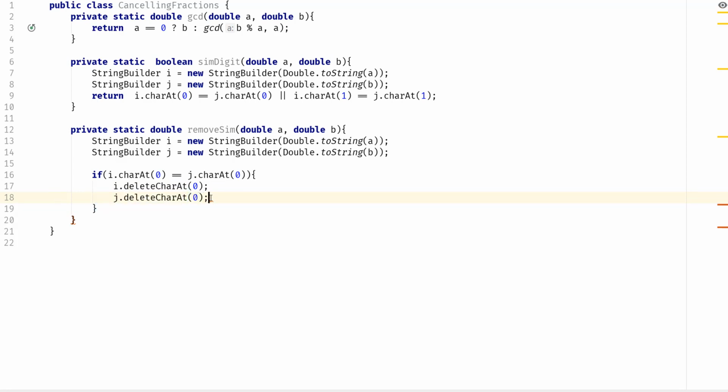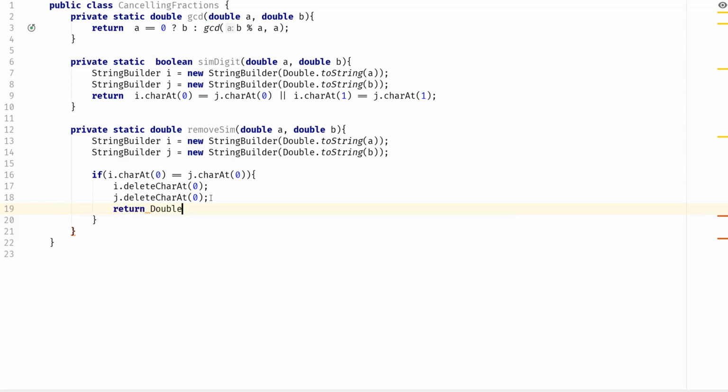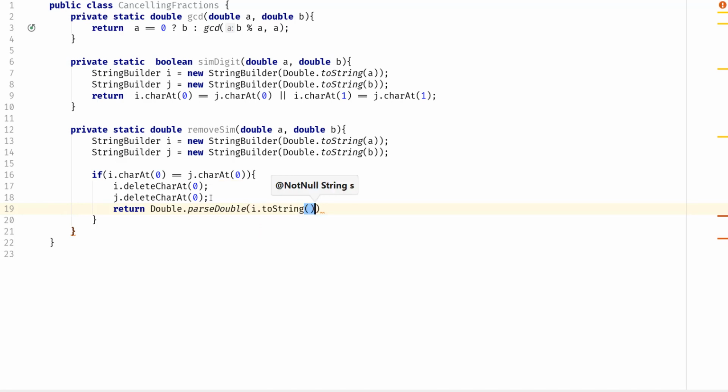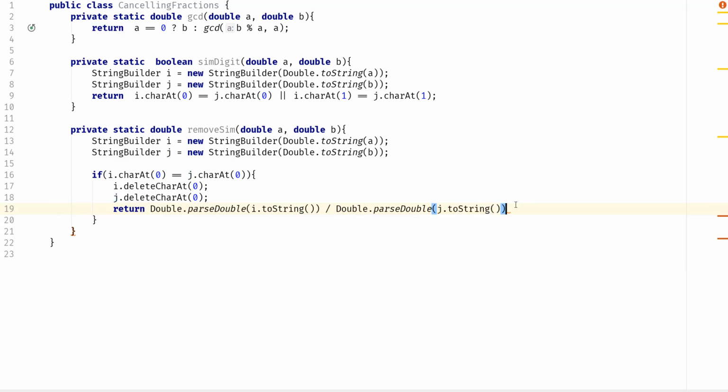And then we want to return that reduced form, so we're going to return Double.parseDouble, and we're going to pass in the numerator, which is going to be i.toString, divided by the denominator, which is going to be Double.parseDouble of j.toString. All right, I hope this makes sense.